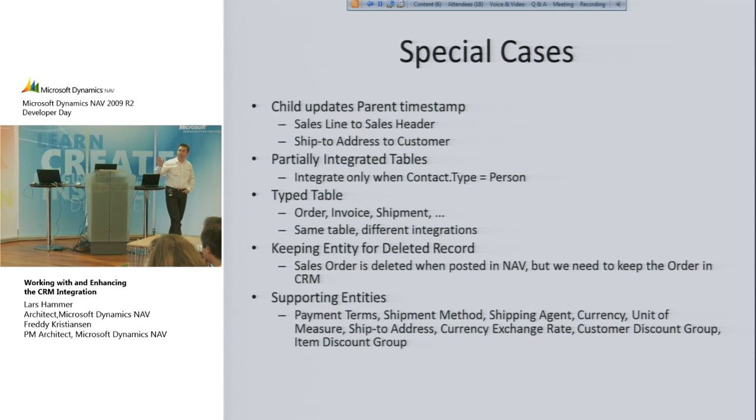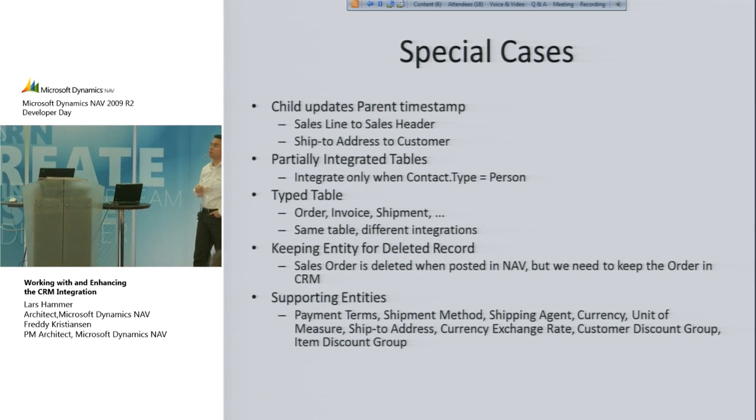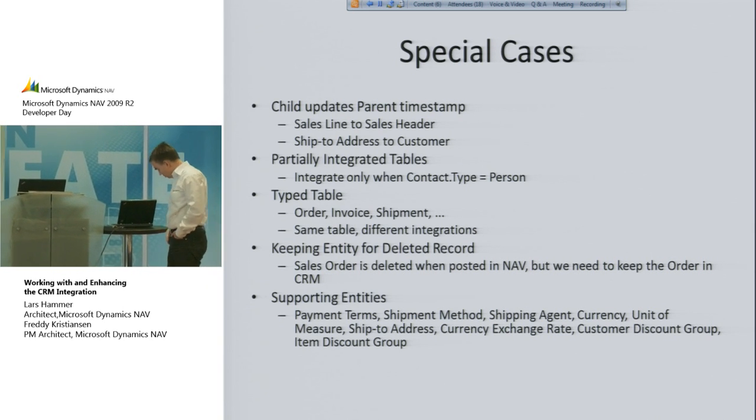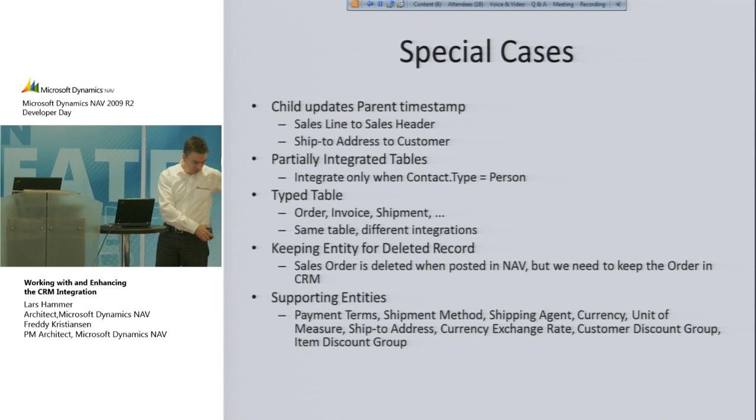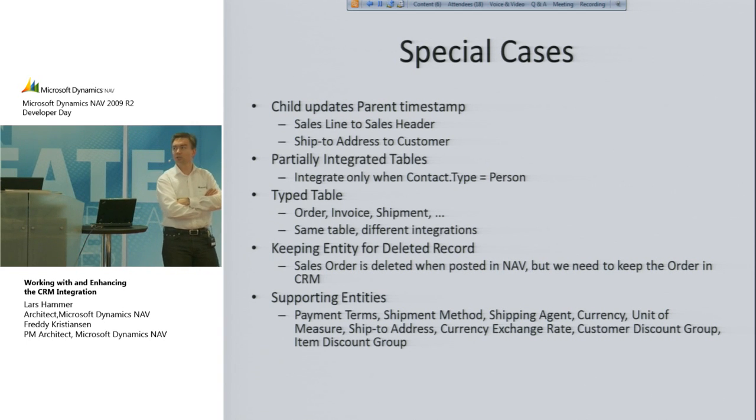We also have in NAV some typed tables, as we call them here. It's one table, but depending on a type field, it contains different data, like invoices, orders and shipments and so on. That means that depending on that type field, you have to use a different page.